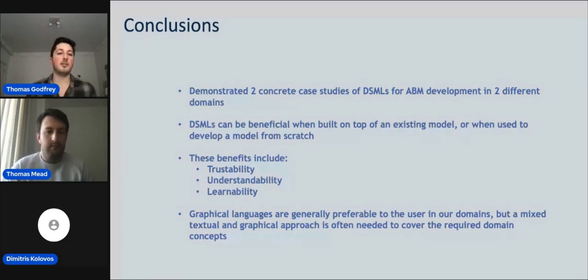For our particular domain, another thing we found is that graphical languages resonated best with our users. I think typically if you see a big wall of text, it can be a bit daunting. So graphical interfaces tended to be more favorable. But on top of that, we found that we did need text-based syntaxes to work in tandem to cover the required domain concepts for our models.